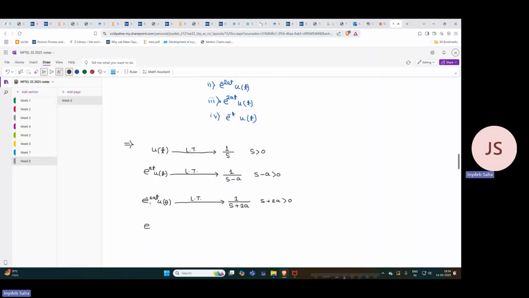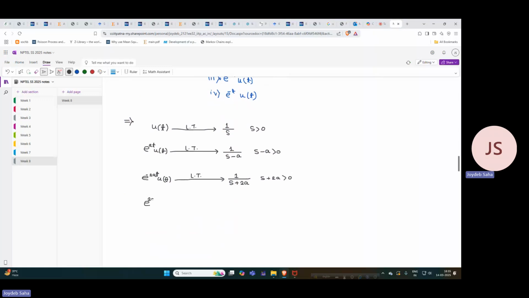For e to the power 2at u(t), its Laplace transform is 1 upon s minus 2a, for s minus 2a greater than 0, that is s greater than 2a.